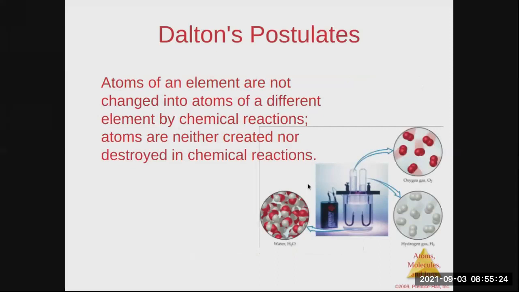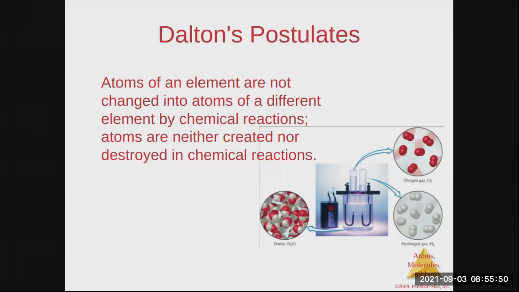So when we talk about water, and in this case, they're showing water here being split using electricity, the water molecules are composed of oxygen atoms and hydrogen atoms. And so each water molecule contains one oxygen and two hydrogens.